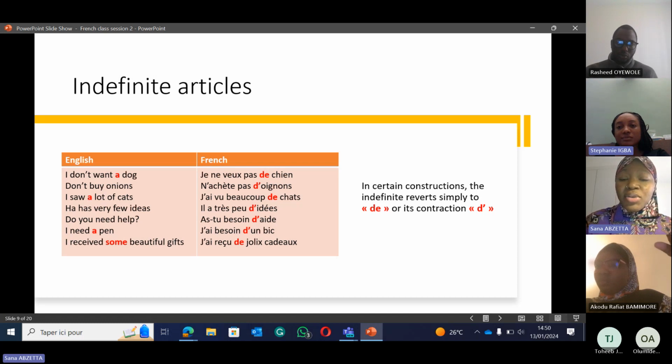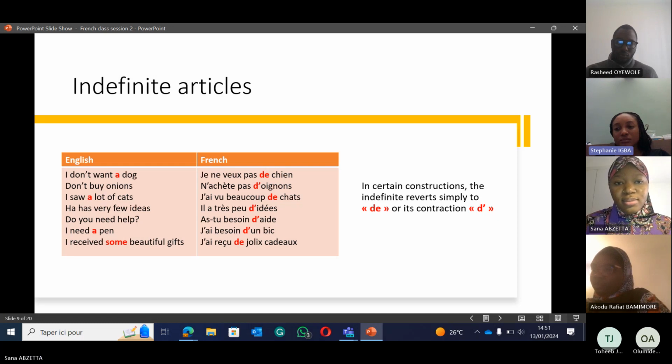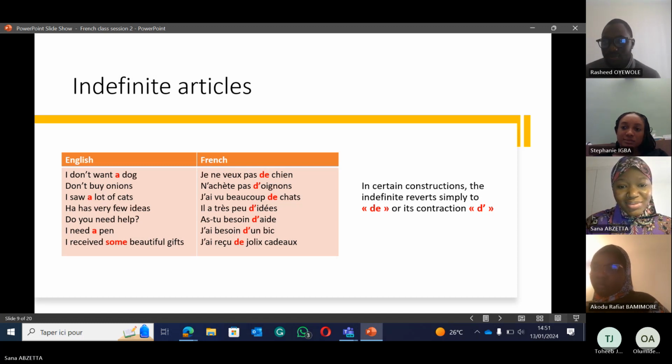You should say, je ne veux pas de chien. So the de is replacing the article here, if you want to express a need or your want. Is it a little more clear? Yeah, a little bit better.